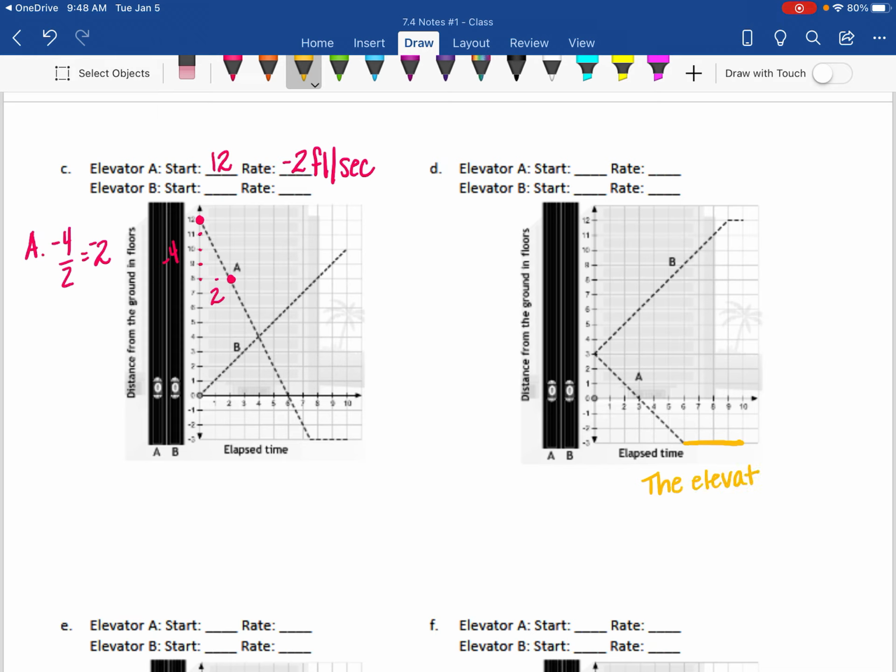So we want to say the elevator is stopped 3 floors below ground level because it's at -3, from 6 to 10 seconds.